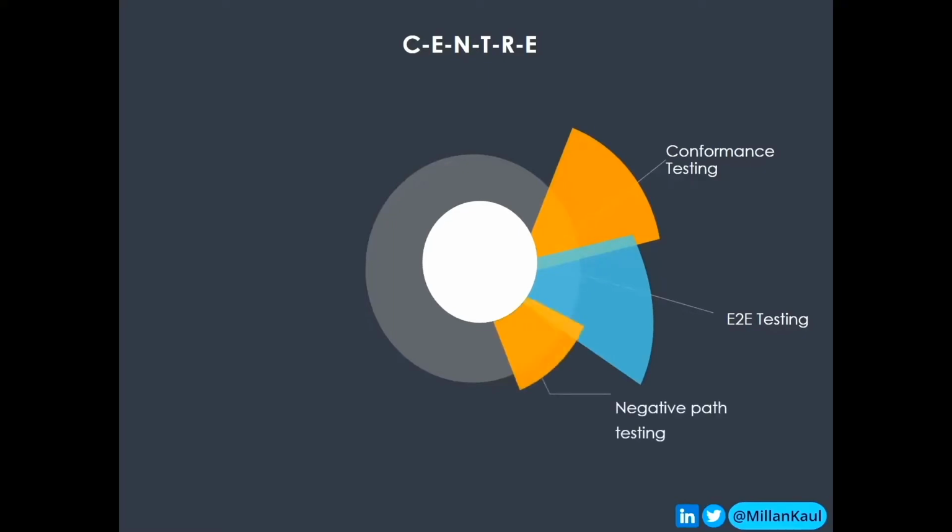Next, negative path testing. This one is pretty interesting. Just think of a test case where the application is supposed to handle an error, but then it doesn't work well. For example, a negative path test of a credit card payment scenario might assume that user attempted to use an expired credit card, and during negative path testing, it will verify that the system handled the situation gracefully or not.